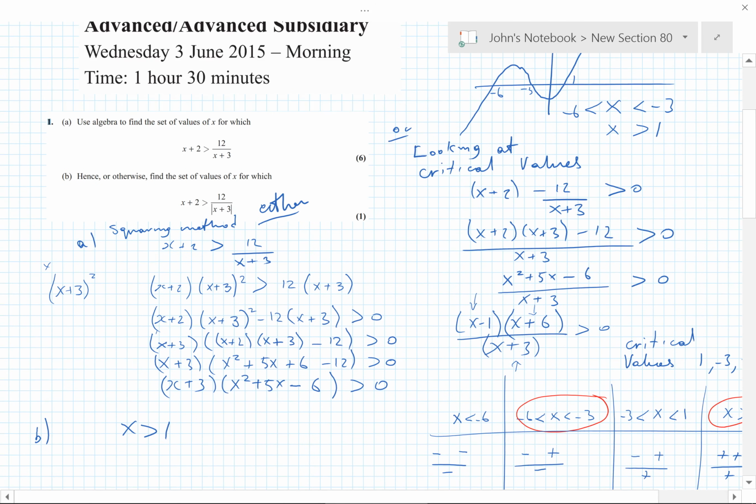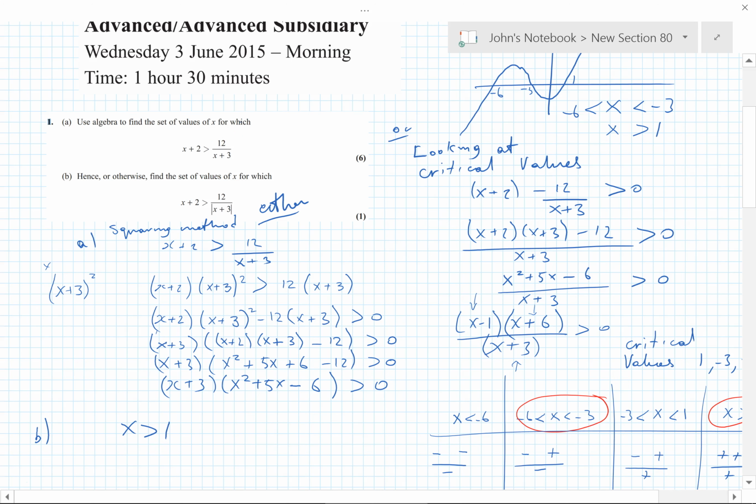Before I go on to the next question, you might be wondering why sometimes it says use algebra, as though you would use something else. The thing is, people do have graphic calculators now, and so that's why they often say use algebra nowadays, because those who would use a graphical calculator, say, and plot y equals x plus 2 and y equals 12x plus 3, and then get the answers, will get no reward.